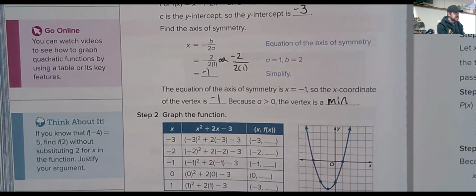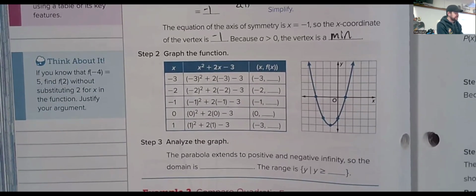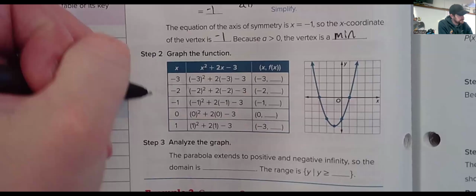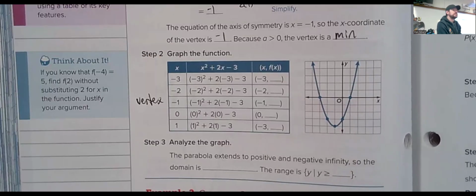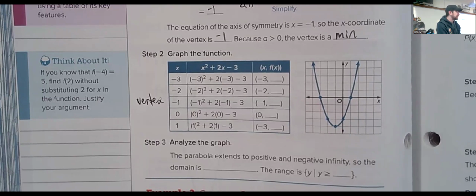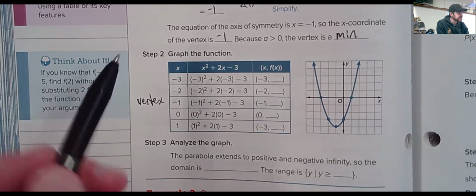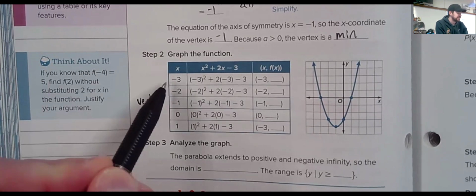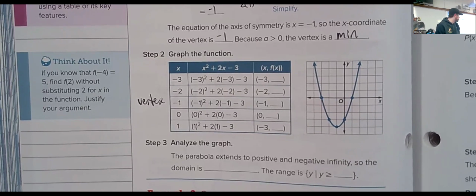And then we've got ourselves our table of values here. And you'll notice that the vertex is the point in the middle of the table. Vertex will always go in the middle of your table. And just like I've been showing you as well, if you pick 2 numbers below the vertex on the x-axis and 2 numbers above the vertex on the x-axis, that'll get you nice symmetrical points around the axis of symmetry.